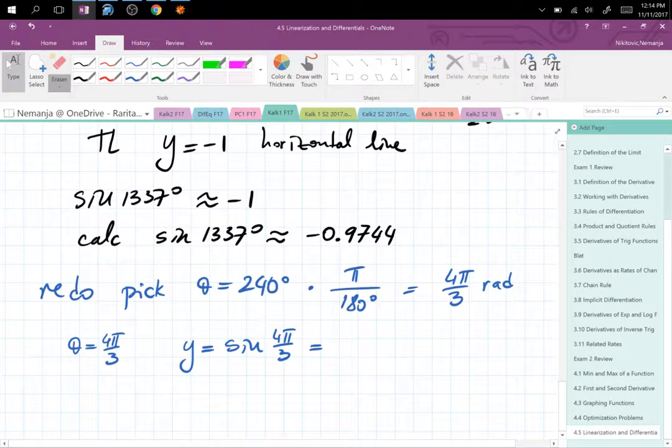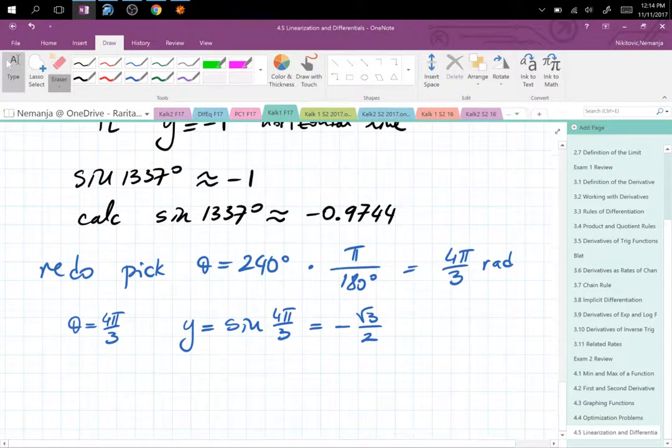Now, 4 pi over 3, so all students take calculus, the answer is negative. And then pi over 3 is root 3 over 2. So we have negative root 3 over 2 as the y value, so the point is 4 pi over 3, negative root 3 over 2.